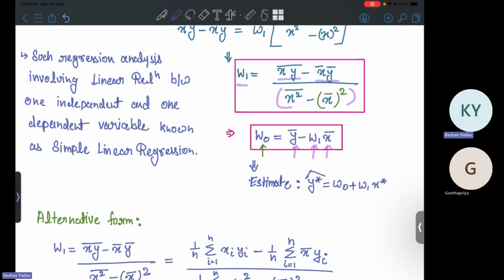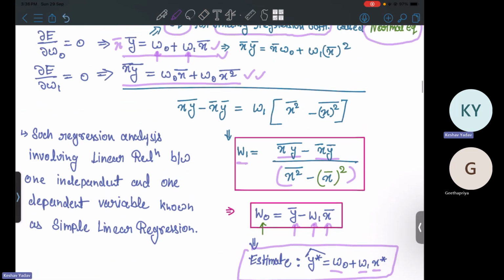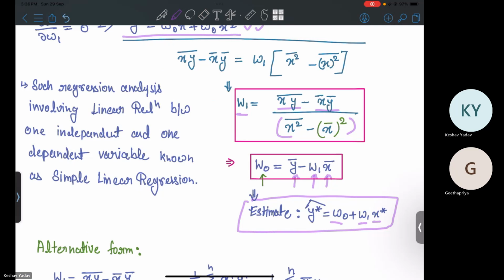Okay. Once we have found this, our ultimate goal was what? To find this y hat star, that will be equal to w0 plus w1 x star. Okay. So this is how we can find the regression coefficients here.